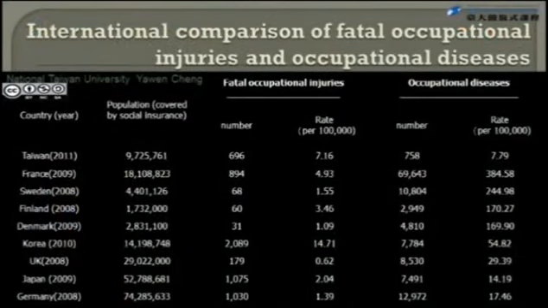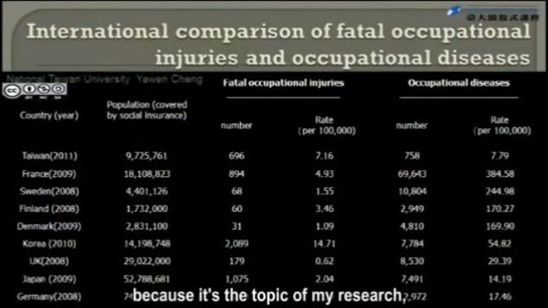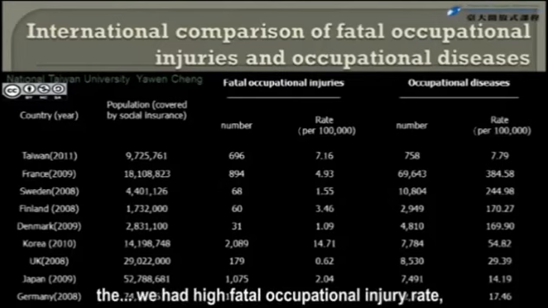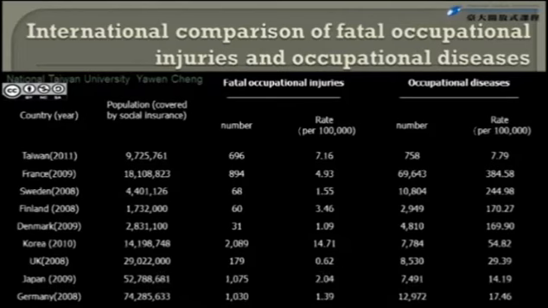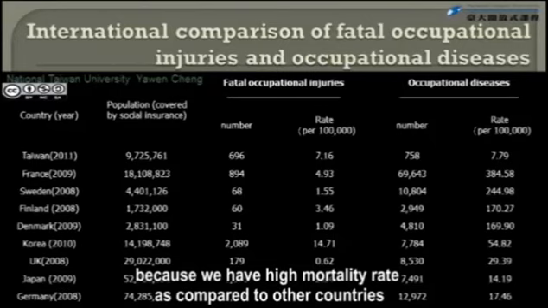Taiwan here, because it's the topic of my research, we had a high fatal occupational injury rate. It means that the workplace in Taiwan is dangerous because we have a high fatality rate as compared to other countries.